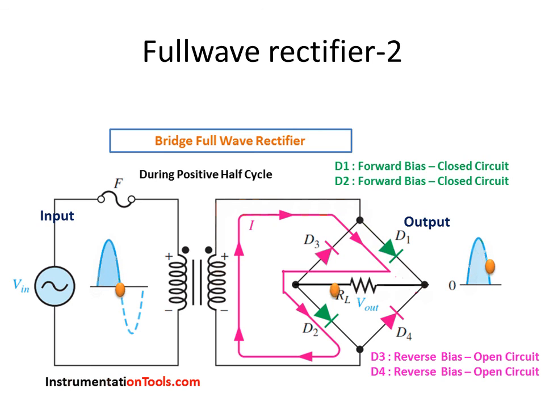Okay, so you will see that during both the half cycles the current is flowing through the load resistance in the same direction. So that is the essence of rectification. Even though the current is flowing in two directions in the case of inputs, when it comes to the outputs, current will be restricted to flow only in one direction.